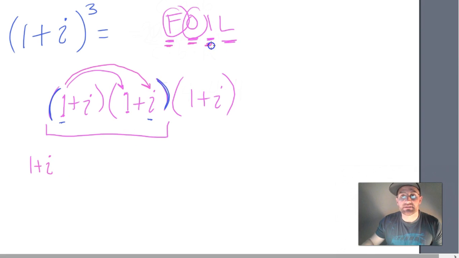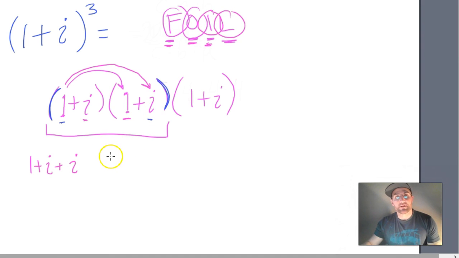Now we have inside against inside. So we have positive i times 1. That's just going to be i, isn't it? Right? So now we need last multiplied by last.